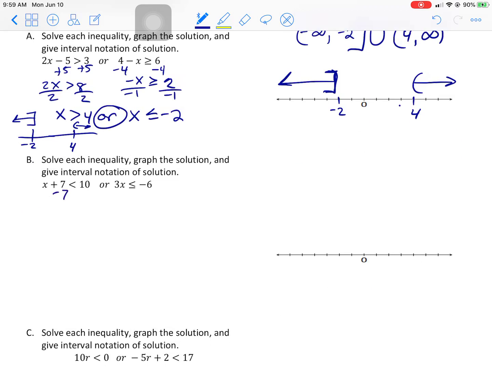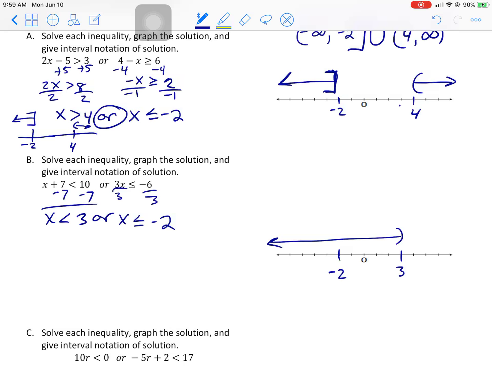This one, let's see, x is less than 3, or x is less than or equal to -2. So -2 is down here, and 3 is up here. It says it's going to be less than 3. And then this one is going to be less than or equal to -2.